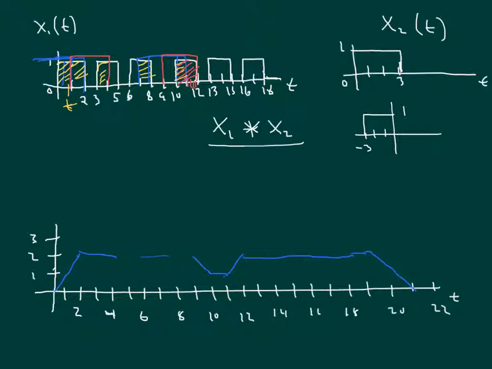And you can see the convolution sort of looks mirrored, which does make sense because our x1 of t is also sort of a mirror of itself over t equals 9.